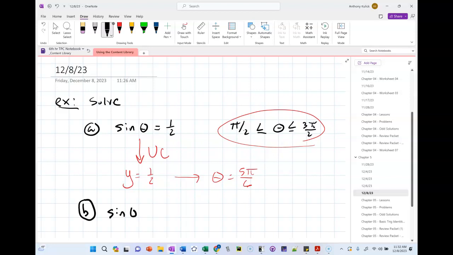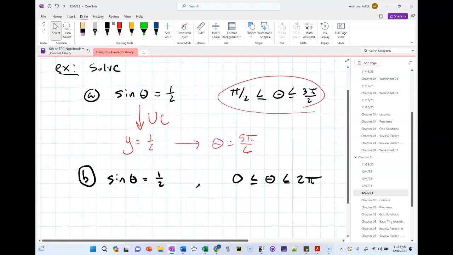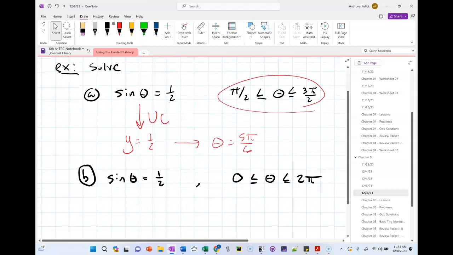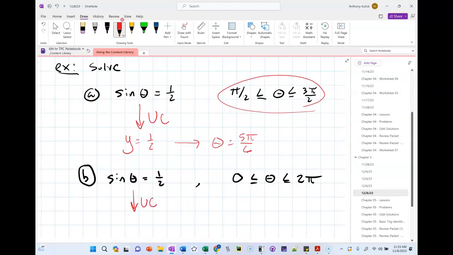So one thing that we're going to change here in chapter 5 is we're going to solve over some bigger intervals. So what if we consider all of 0 to 2 pi? Same problem. Go to my unit circle, look for where y is equal to 1/2. But now I'm looking on the entire unit circle.